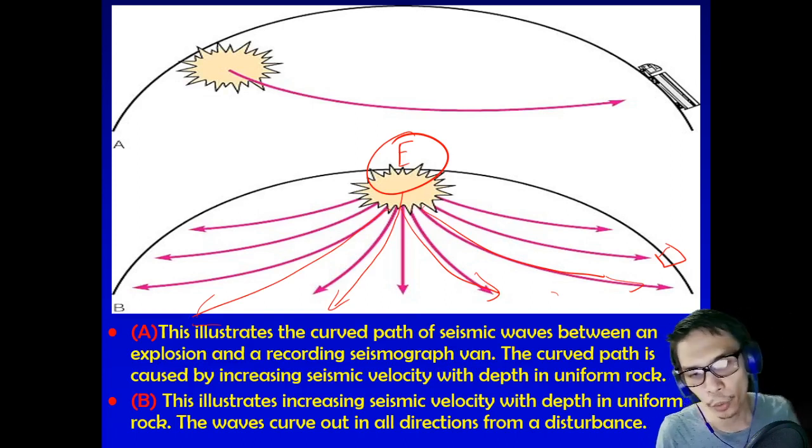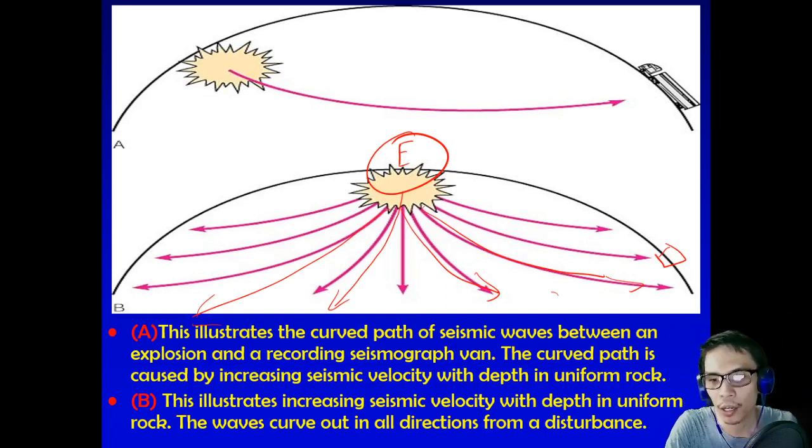That is why an earthquake in Europe can be detected on a seismograph as far away as China, the Philippines, India, or even in the US. So the seismic waves are moving outward and spreading as they move from the source.